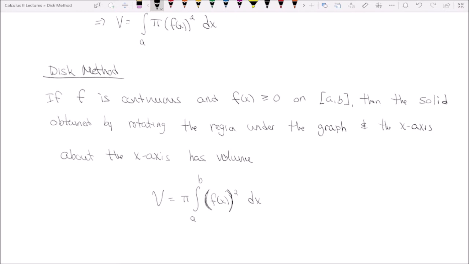By the way, the axis which you rotate about is known as the axis of revolution.